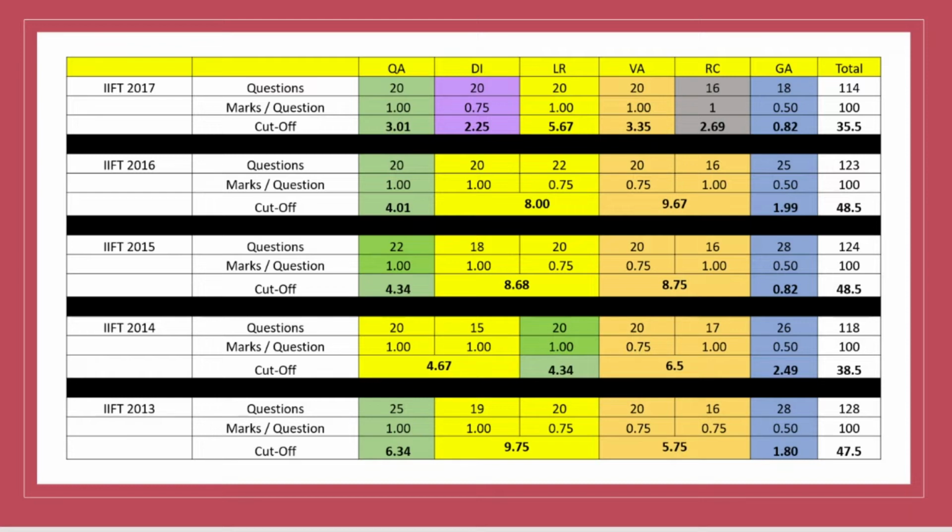And we'll come to the GK part and see how easy that GK is to crack. You don't have to study too much. If you apply your mind and you have read your newspapers for the last 1 year regularly, or have gone through the month, you should be able to clear the cutoff without any problem. And as I said, it is not going to make a huge difference in anybody's score, because the best of the guys that I've seen who have a very good general awareness still manage to crack only 5-6 marks.